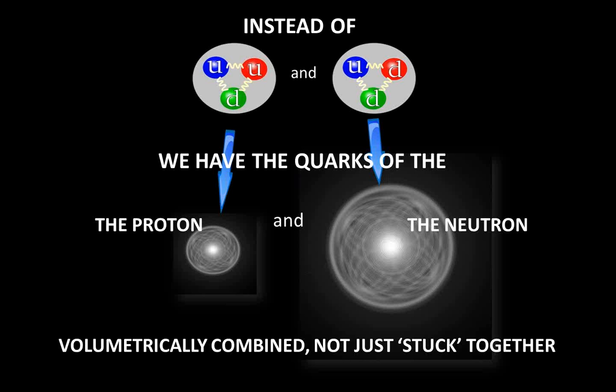Assuming that everything is made of particles leads to the idea that there must be particles called gluons. These are the little wavy lines in this slide in between the red, blue, and green circles with U's and D's in them. So these little wavy lines called gluons are supposed to hold the quarks together, the quarks of the neutron and the proton.